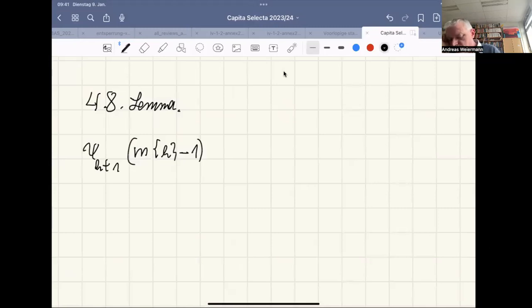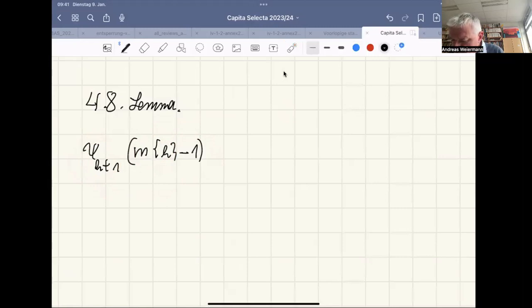And if I take now the Arnold mapping psi_{k+1}, this number here is smaller than psi_{k+1} applied to m_k. And that number is psi_k of m.